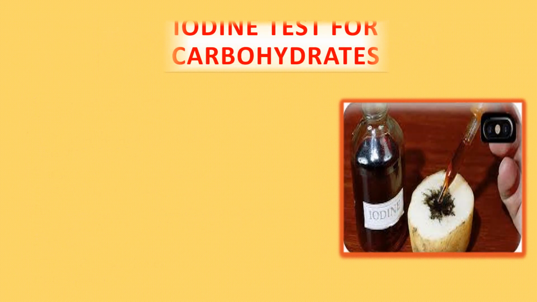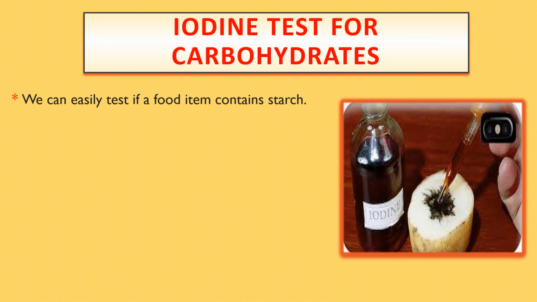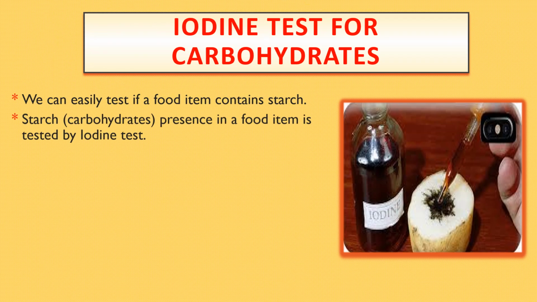Let's perform an activity to find out whether the given food item contains carbohydrates or not. As we have discussed, carbohydrates are present in our body in the form of starch or sugars, and we can easily test if a given food item contains starch.